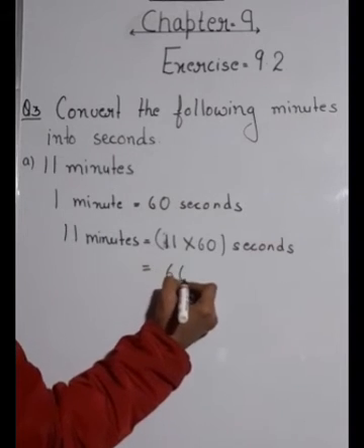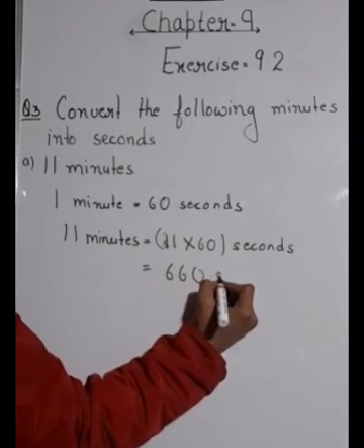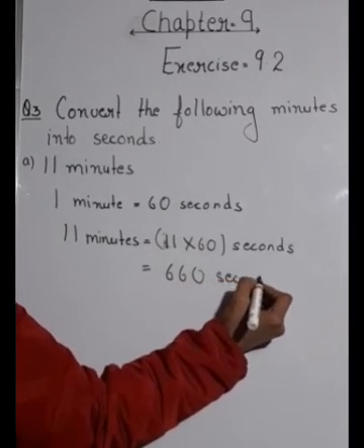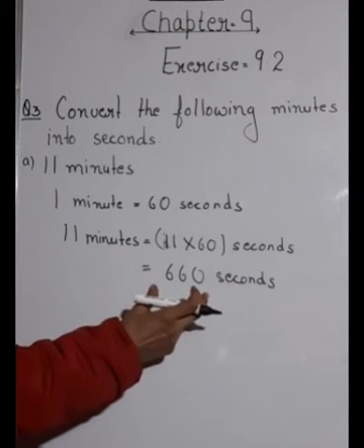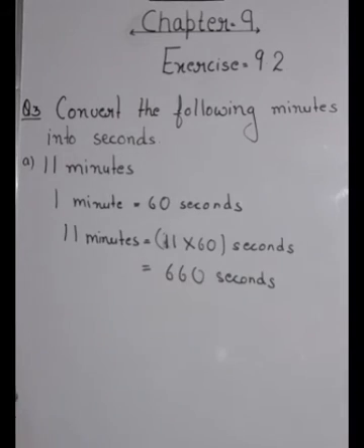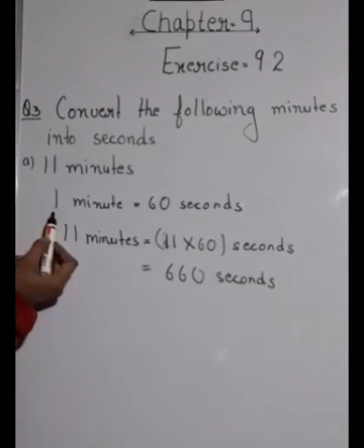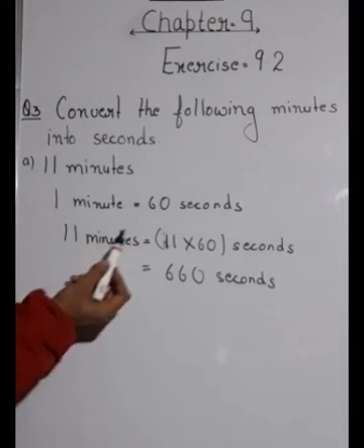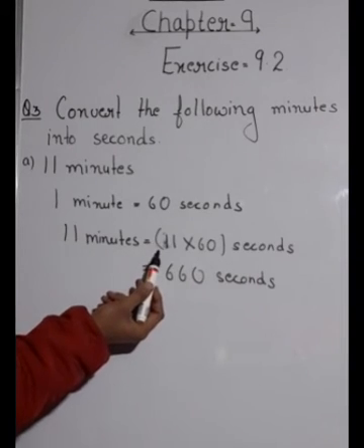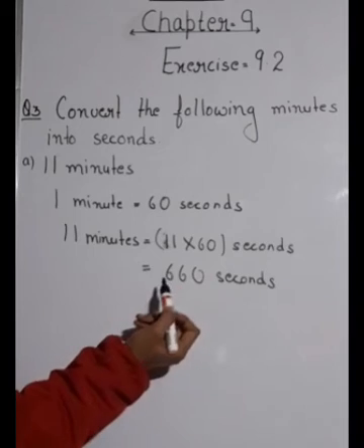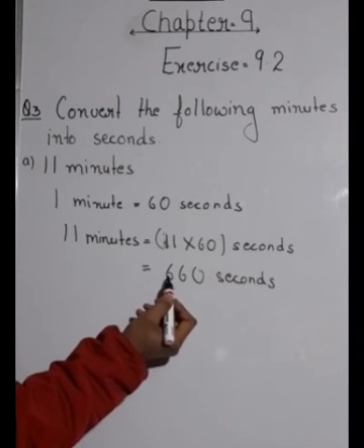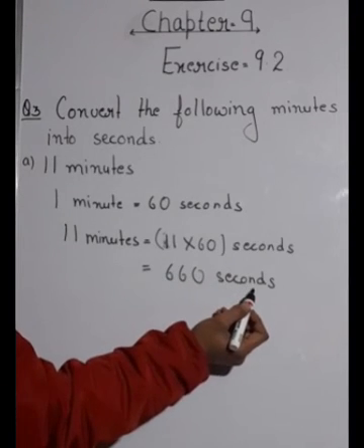And when you multiply these two, you are getting 660 seconds. It means in 11 minutes, you are having 660 seconds. How you are going to do it? In 1 minute, you are having 60 seconds. So you will write 11 minutes is equals to 11 into 60 seconds.